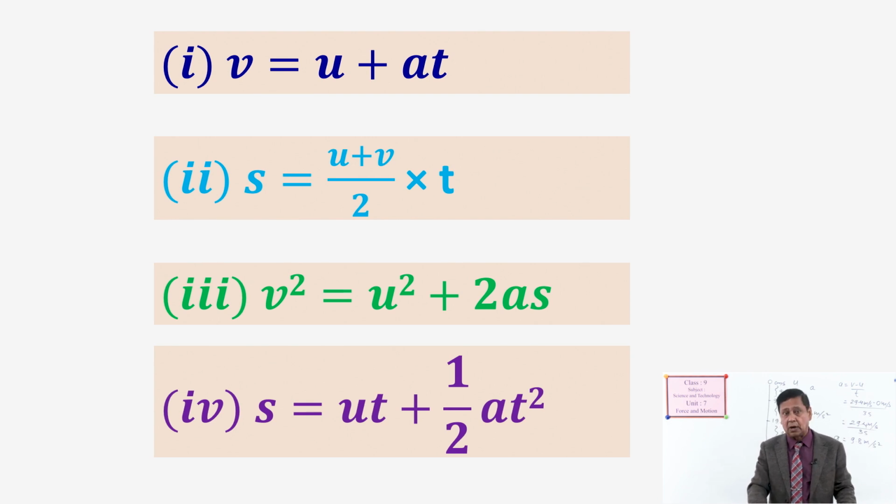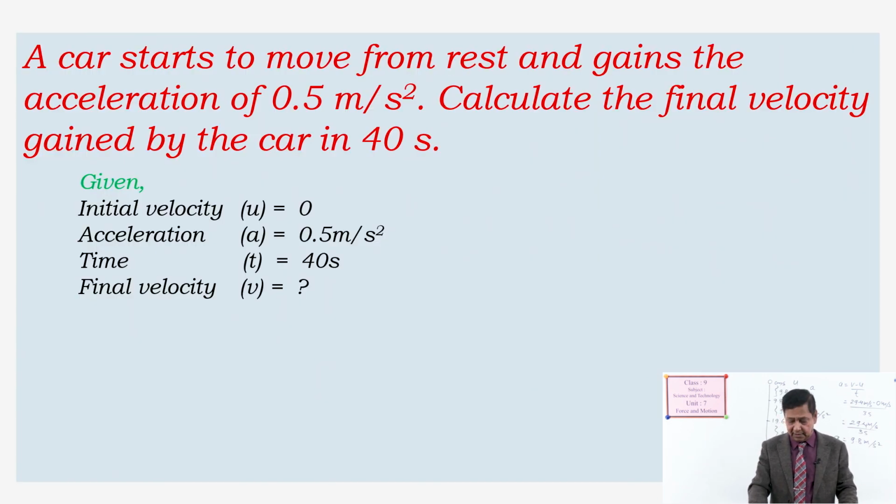Okay, now let's come back to the numerical problem. Look at this. We have v equal to u plus at. We decided to use this equation. Now we are taking the values. We have to calculate v, and we are taking u 0 here, and a is 0.5 and t is 40. We are not using units in the process.